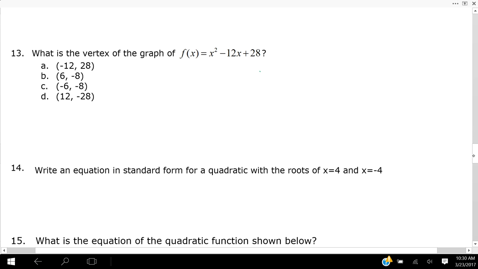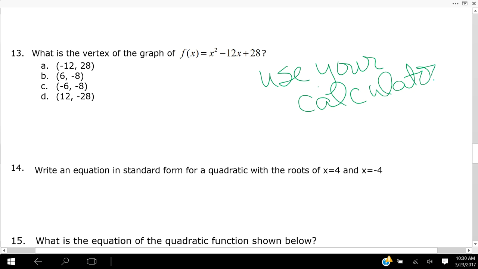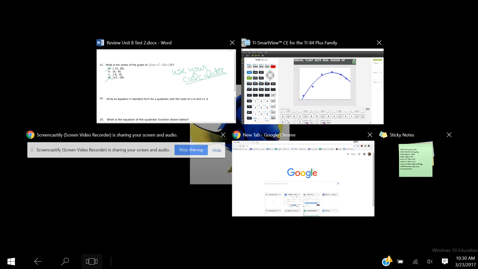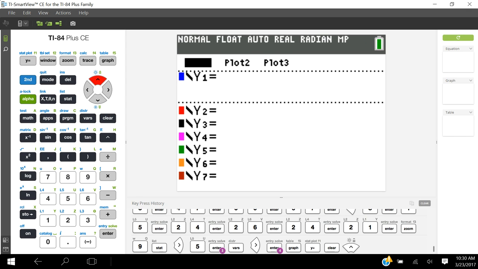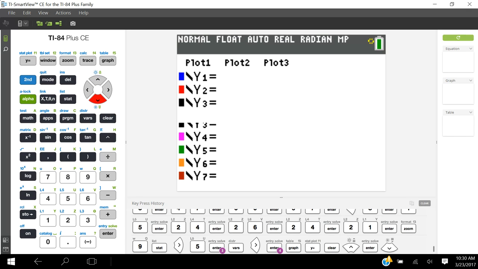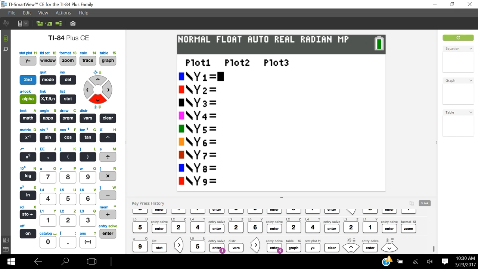Number 13, use your calculator. In case you didn't know, the points that you see are not your vertex. Just saying. Go to your graph.